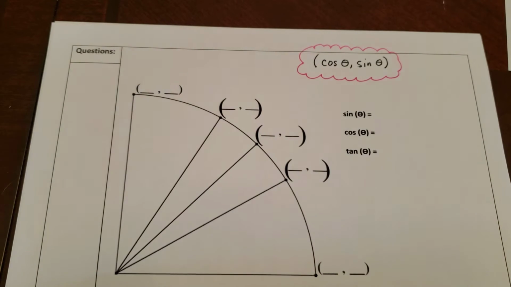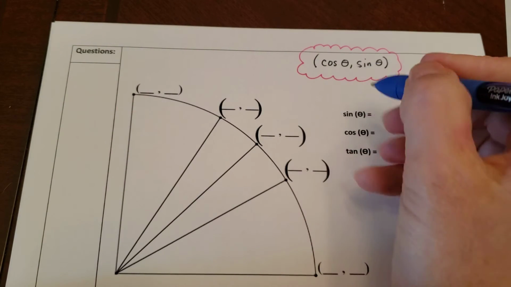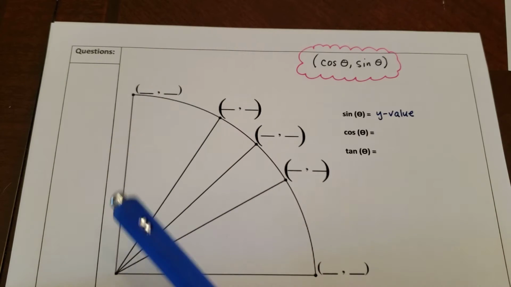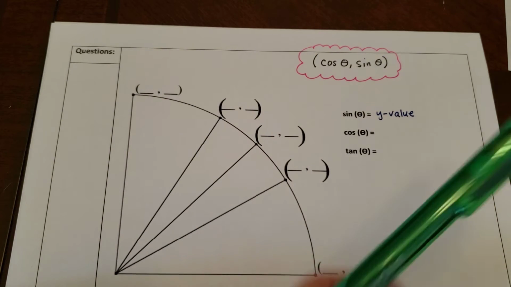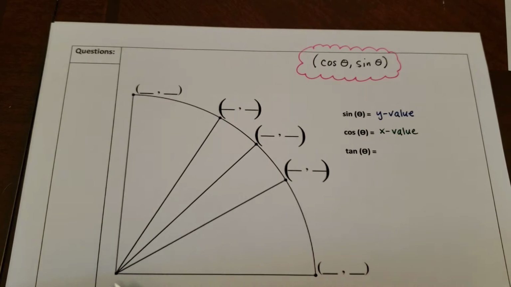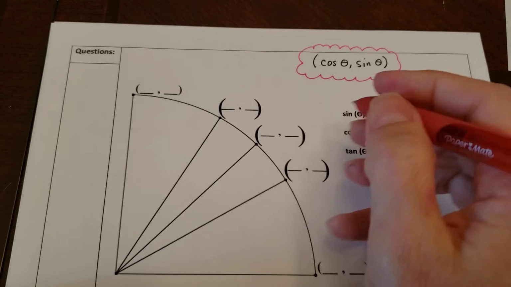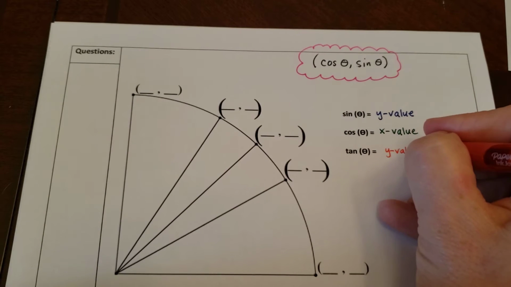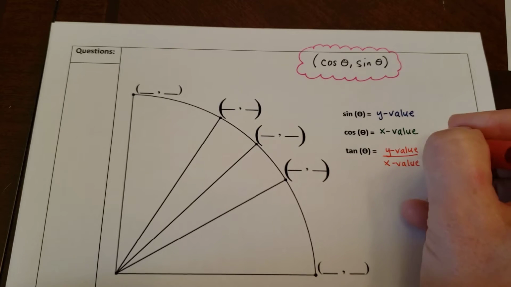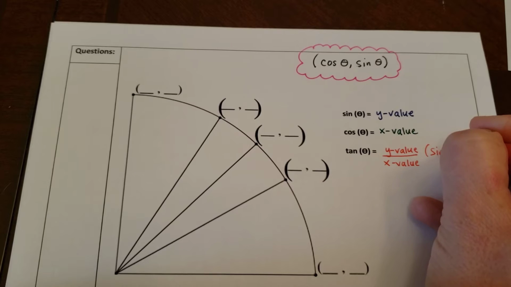Sine will represent the y value. Cosine will represent the x value. And tangent will be the y value over the x value, but again, making sure you simplify so that there's no radicals in the denominator.